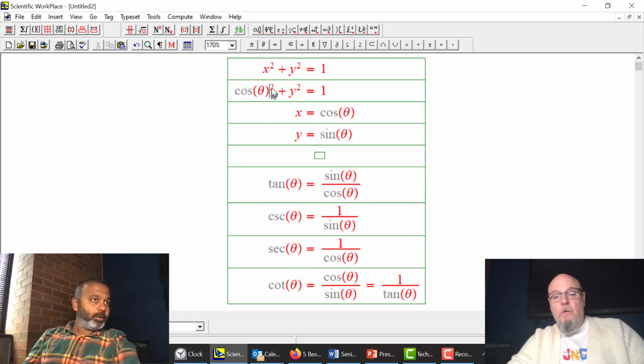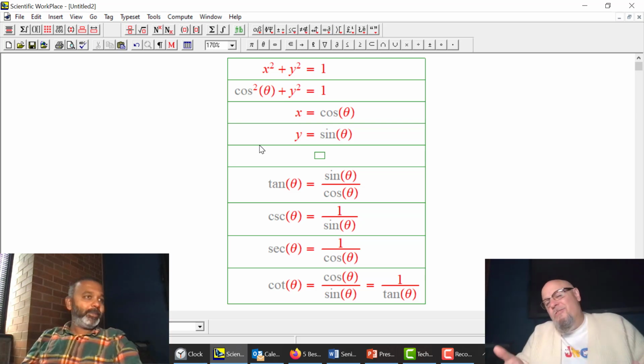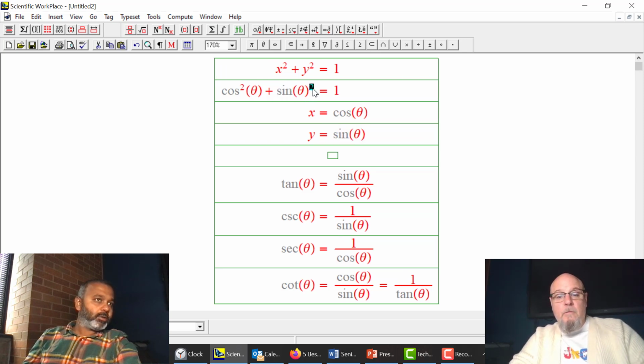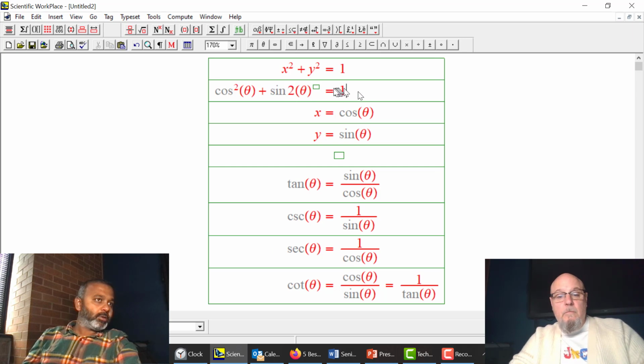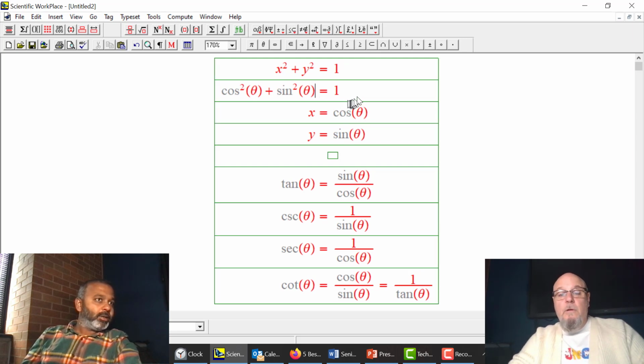A note on notation: we write cos squared, even though we mean the cosine whole is squared. That's just the way the notation works. I'm going to do the same thing with the sine and the y.